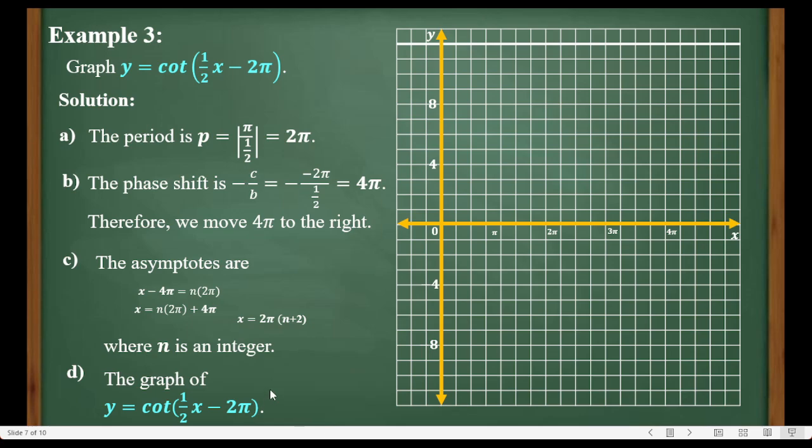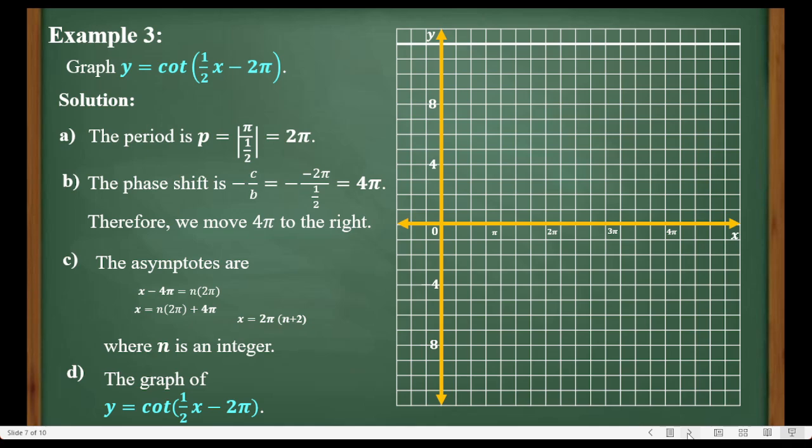Then, if n equals 0, that will give you 4 pi. But if n is 1, that is 3 times 2, 6 pi.